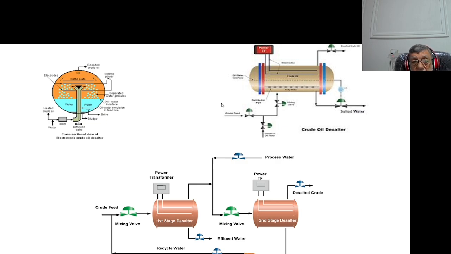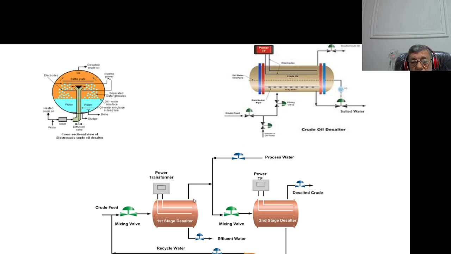And before it comes, there is also injection of a demulsifier chemical agent to break down the emulsion, and then the desalted crude oil comes out. The water from down below is with salt, and the crude oil that goes up is free of salt.